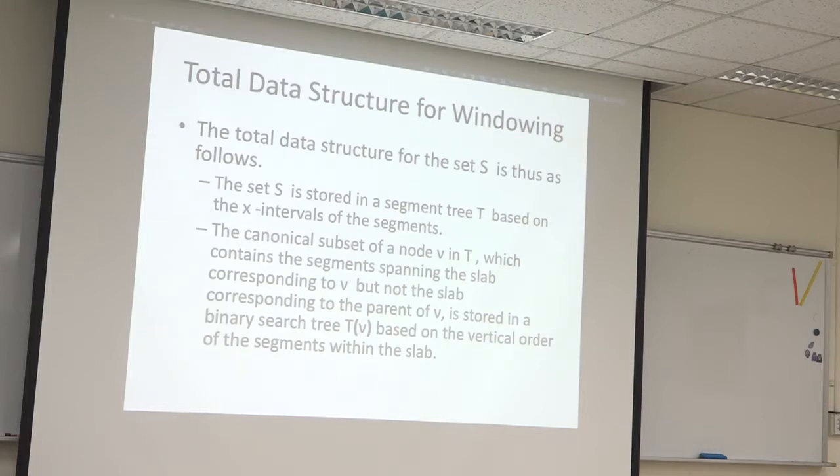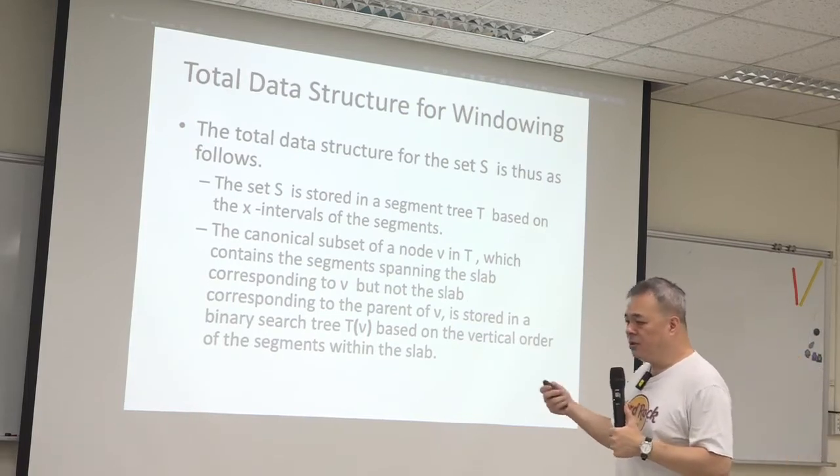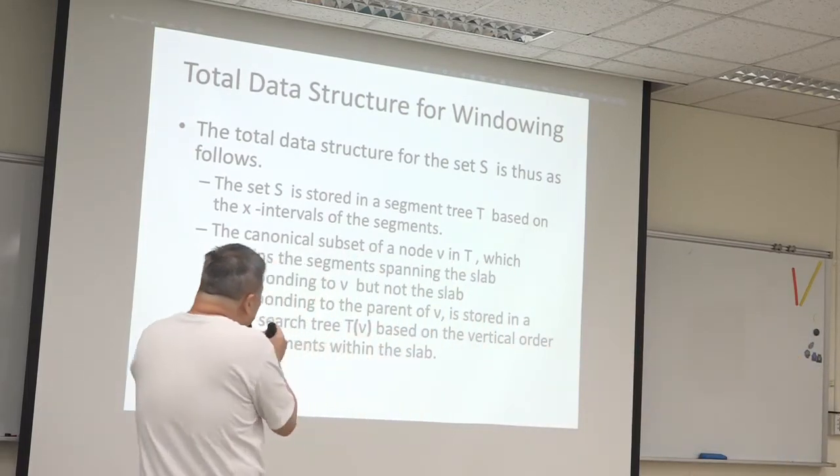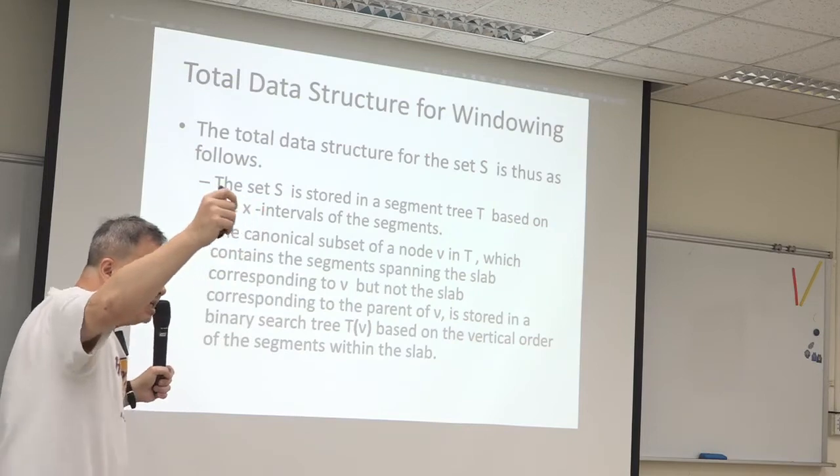So here we are concentrating on the case where both endpoints of the segment are not inside the window. If any of the endpoints is in the window, then we don't need to worry about that case. So here we can assume all these segments have their endpoints outside the window.